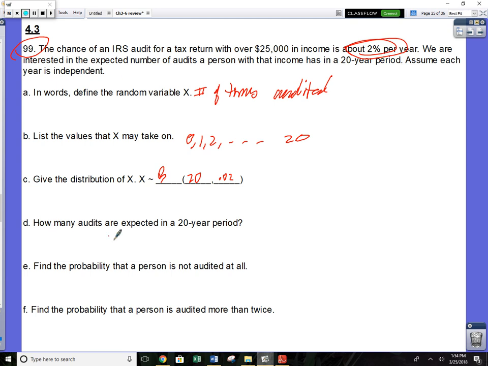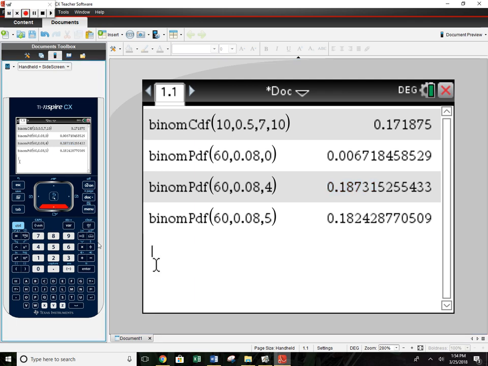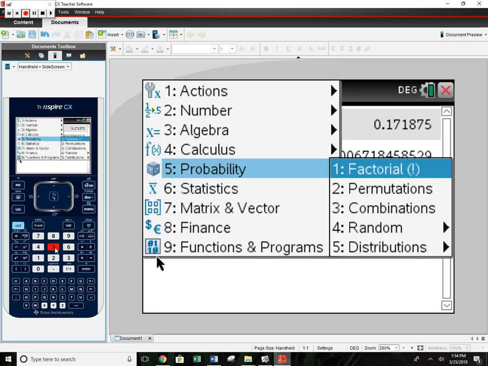Okay, how many audits are expected in a 20-year period? So I'm going to take the 20 years and times that by 2% each year. And that's going to be 0.4. So 4/10 of an audit, not much. What are the chances that someone is not audited at all? So that's calculator. So here we go. We're going to go menu 5.